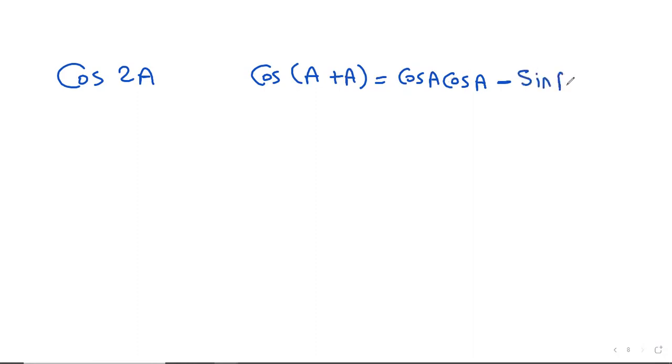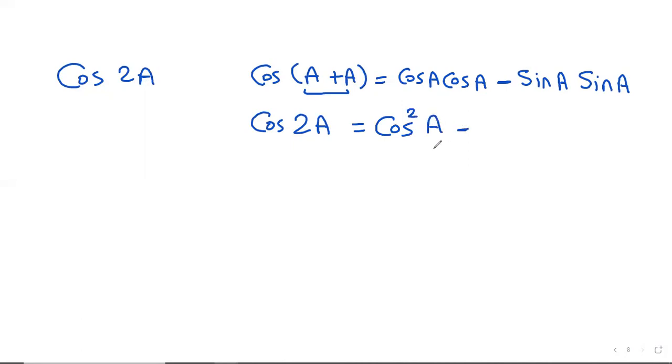Sine first angle, sine A. Sine the second angle, sine A. So cosine 2A, A plus A is 2A, is equal to cosine squared A minus sine A multiplied by sine A, which is sine squared A. Okay, that is the rule of cosine 2A.